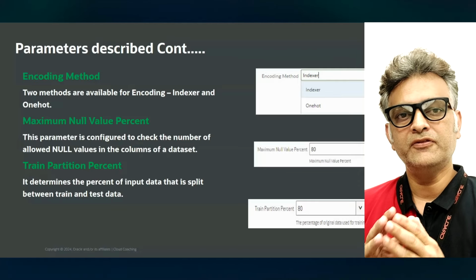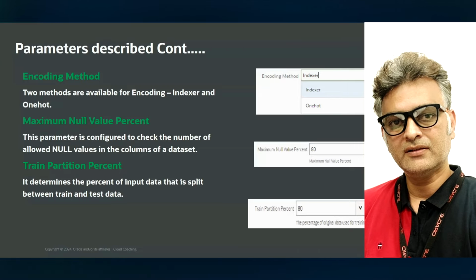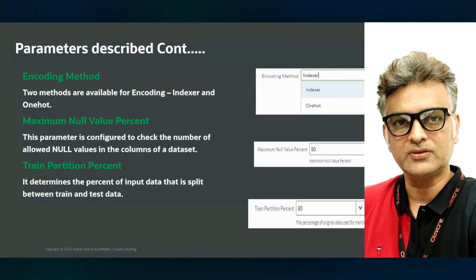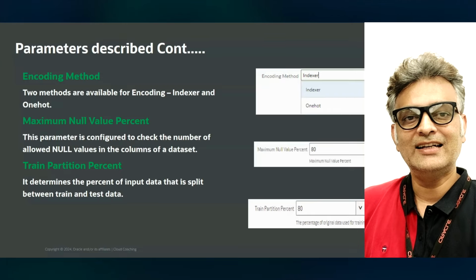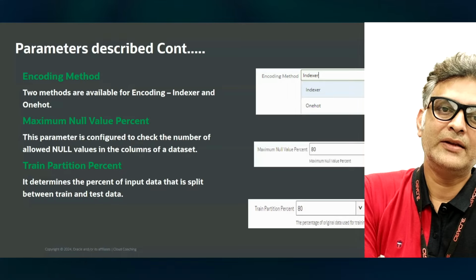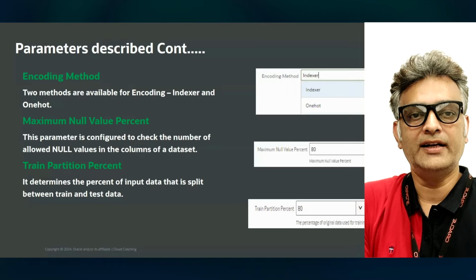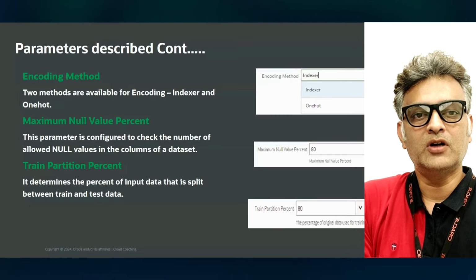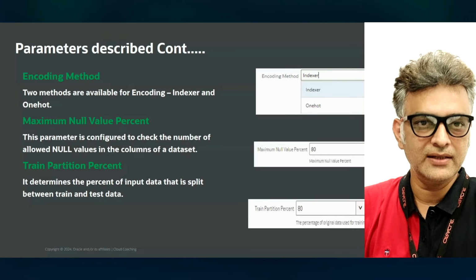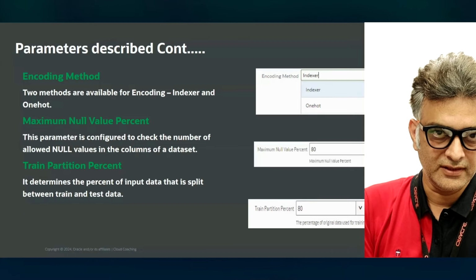Okay. So now if you set it at 70%, then it will use 70% of the training data set, so 700 rows out of the 1000 rows. And then once the model is built, it will test the model on the remaining 300 rows of data and then give you the model quality. Okay, how good is the model quality? Because once you build the machine learning model, the next important part is to check the quality of the model.